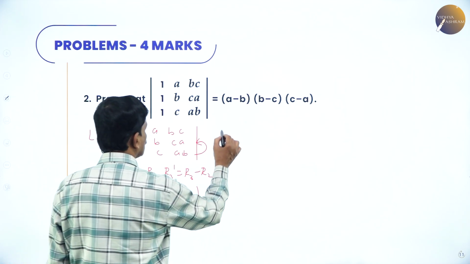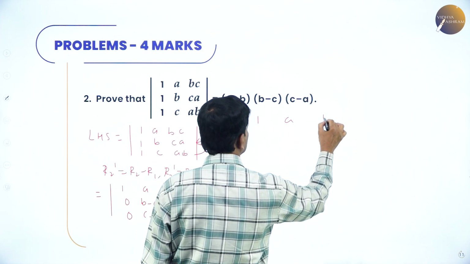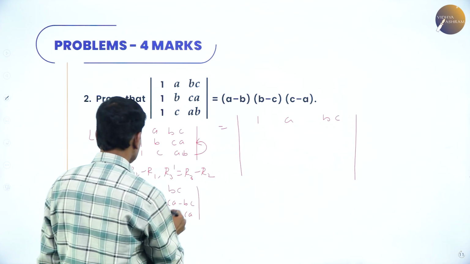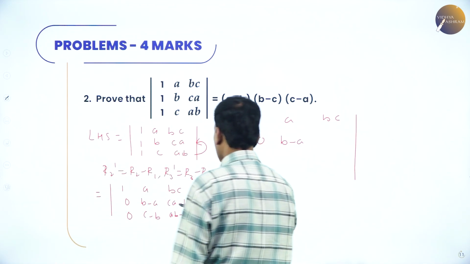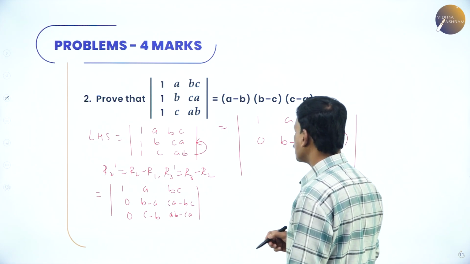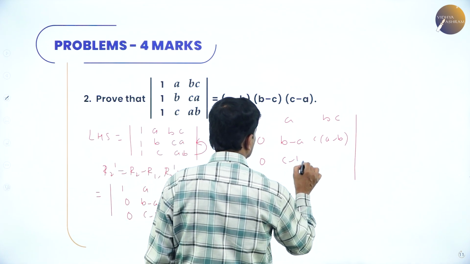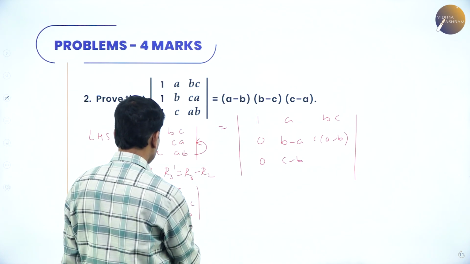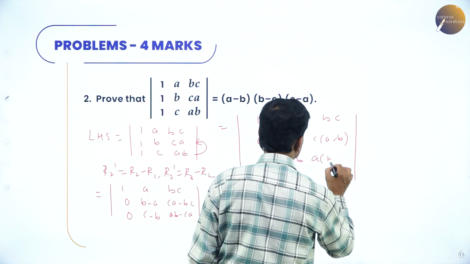Now this can also be written with the first row 1, a and bc as it is. In the second row we have 0, b minus a, and c is a common factor, so this can be written as a minus b. In the third row, 0, c minus b, and a is a common factor, then you can write b minus c.